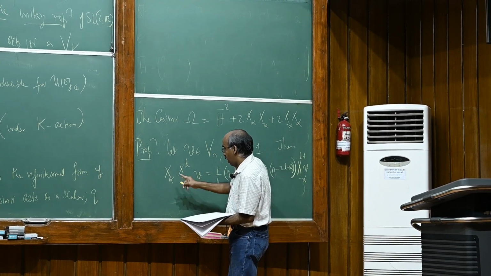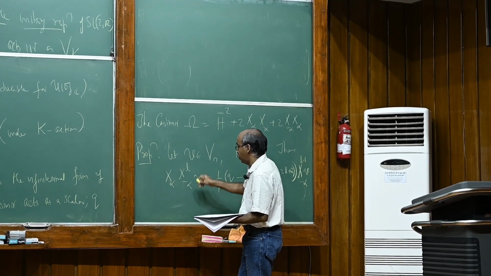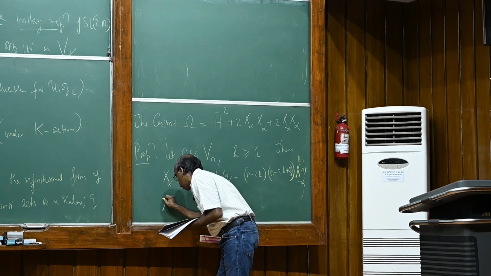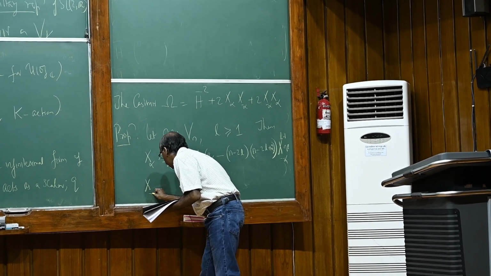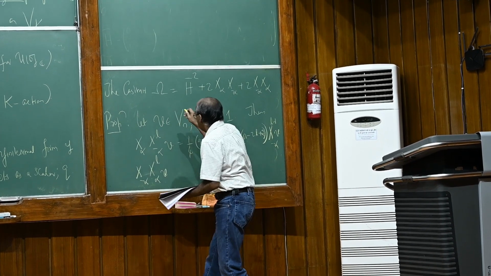And similarly, if I have the other order, that is x minus alpha and x alpha to the L, I have a similar expression. Okay, so let me just write it down as well. So x alpha to the L, V still comes down.